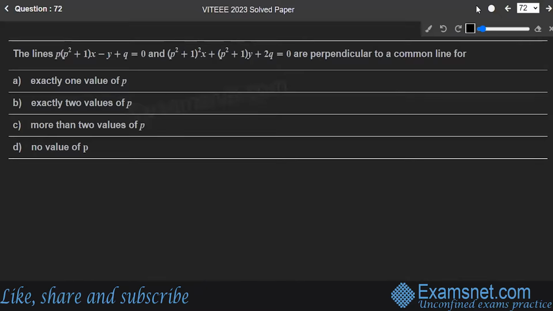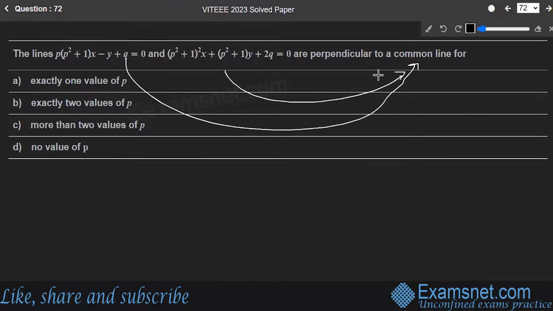Question number 72. If the lines p into p square plus 1 into x minus y plus q is equal to 0, and this is equal to 0, they are perpendicular to a common line. Now, this line is perpendicular to this line, right? Even this is perpendicular to the same line.